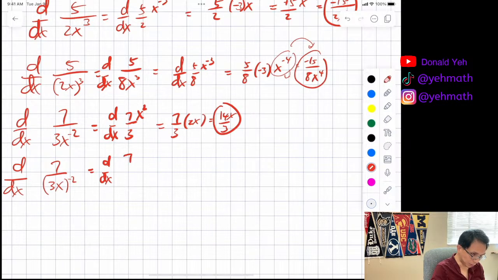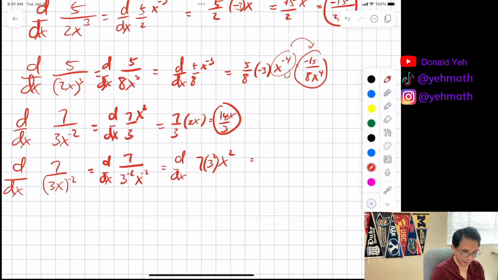So here I'm gonna do 7 times 3 to the negative 2, x to the negative 2, right? That's 7 times 3 squared now, times x to the 2. So that is 9 times 7, what is that? 63x squared.